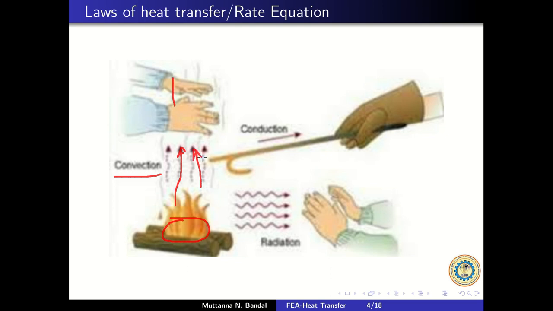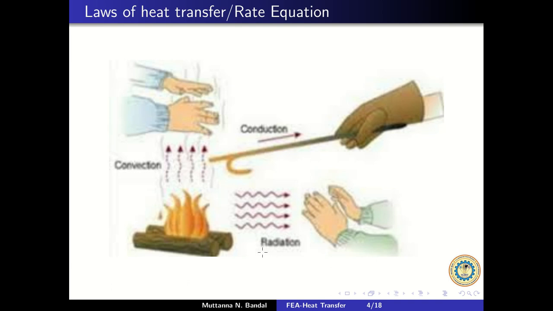In the sense, we can define convection as heat transfer between the body and the surrounding medium. Here the surrounding medium can be air or any fluid, and that fluid will have some property which we call H, which is the heat transfer coefficient of the medium. It has some heat carrying capacity, so that is termed H.